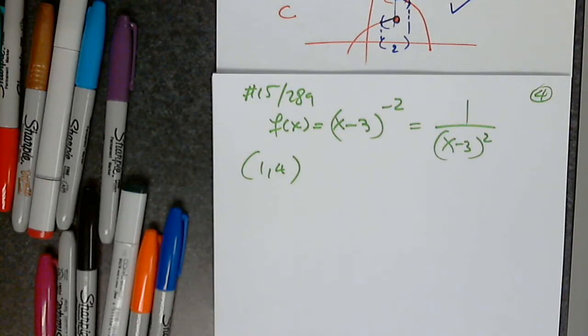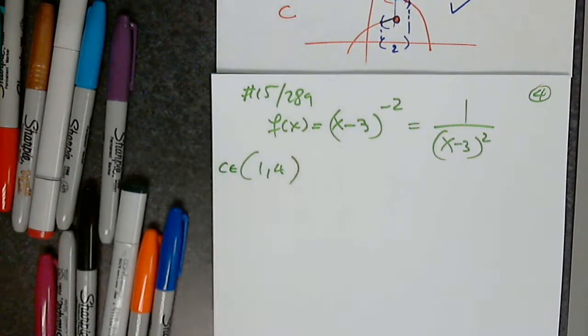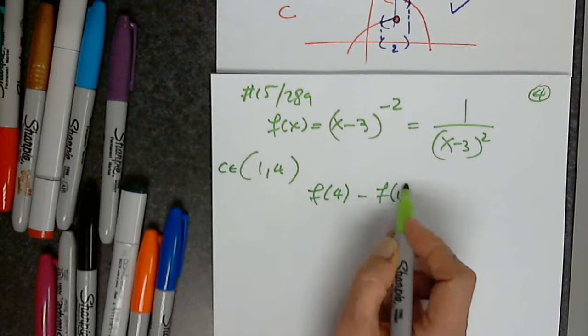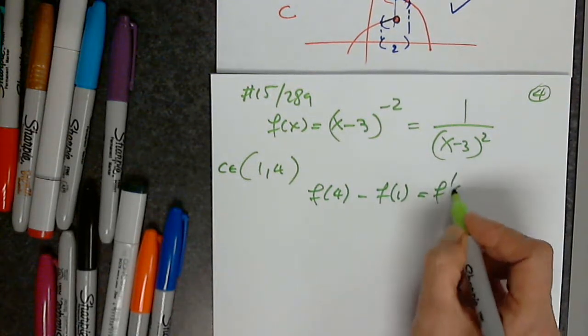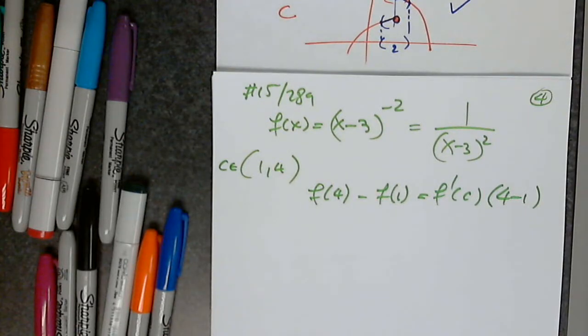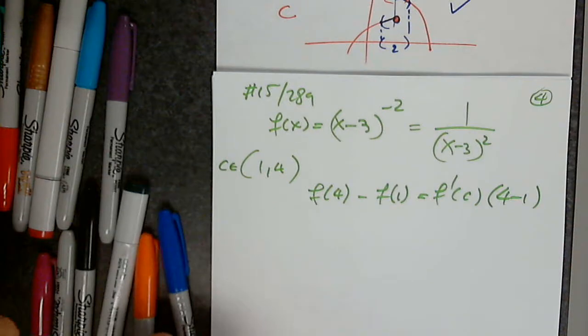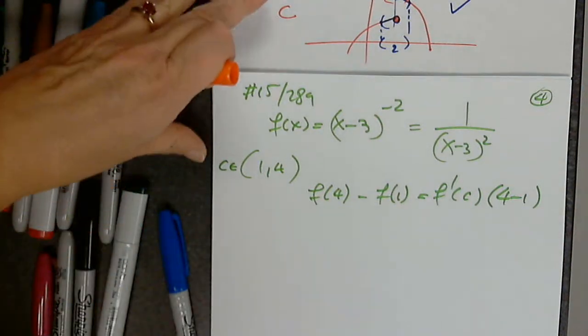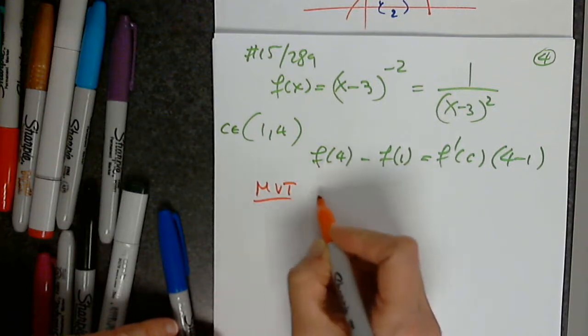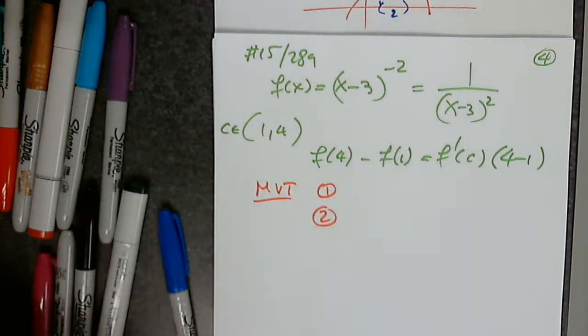So let f of x be this. Show that there is no value c in the interval 1, 4 such that f of 4 minus f of 1 equals f prime of c times 4 minus 1. Why does this not contradict the mean value theorem? Excellent. Remember, the mean value theorem requires 2 hypotheses.